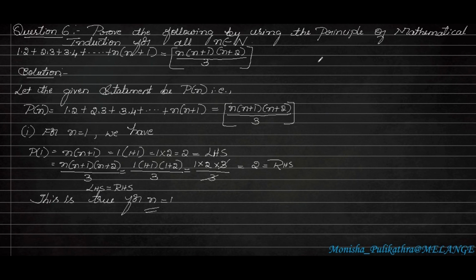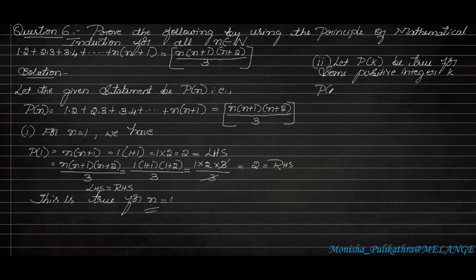The second step is we have to put k in the place of n. That is, let p of k be true for some positive integer k. So in the given equation, we have to replace n by k.